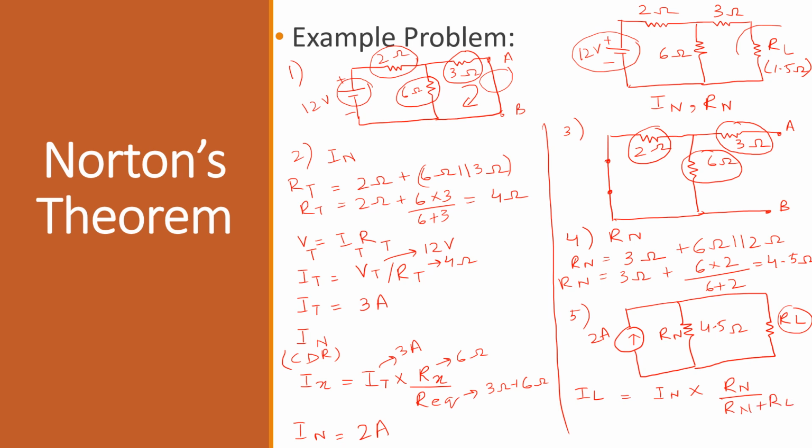And then if you are asked to find voltage across this load resistor, then you will use Ohm's law. VL is equal to IL multiplied by RL. You know the value of RL, and you just calculated the value of IL from this equation. So this is how you will find your voltage across this load resistor. So this is your Norton's theorem.